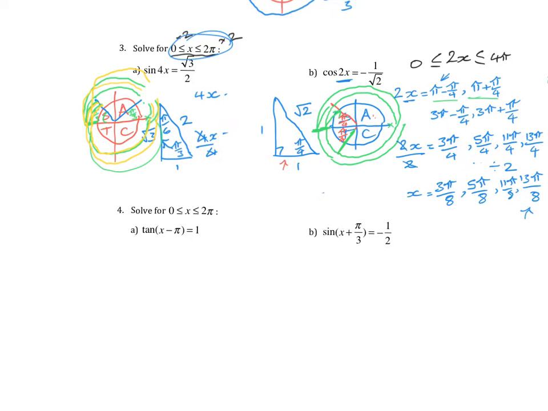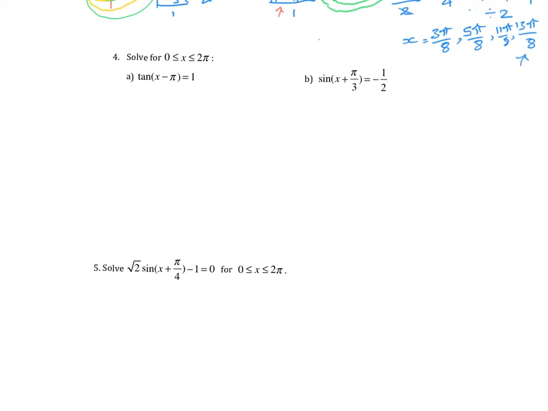All right, question 4. So now we've got angles that have additions and subtractions with it. So we're going to start though doing our usual thing. So for tan to be 1, you may already be aware that the angle must be pi on 4.